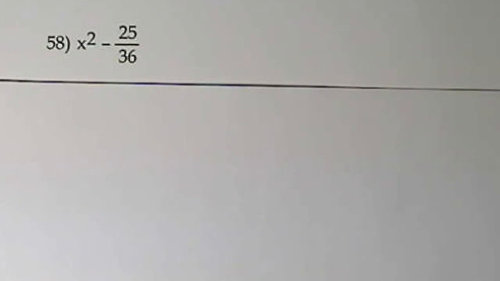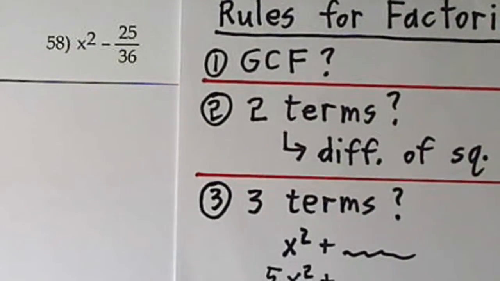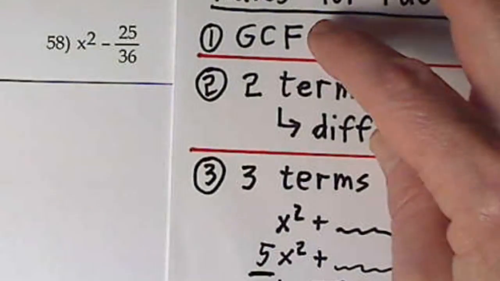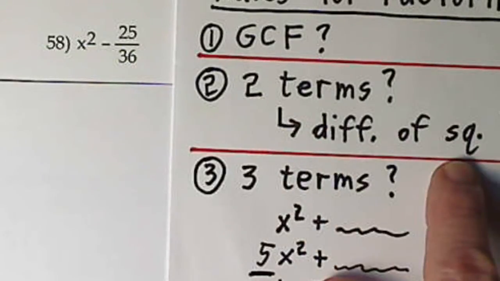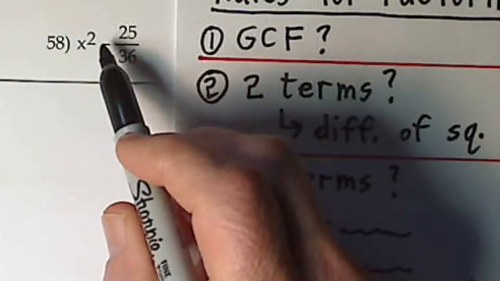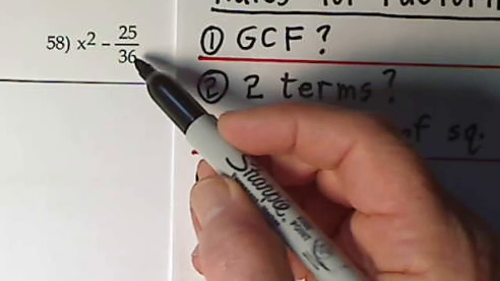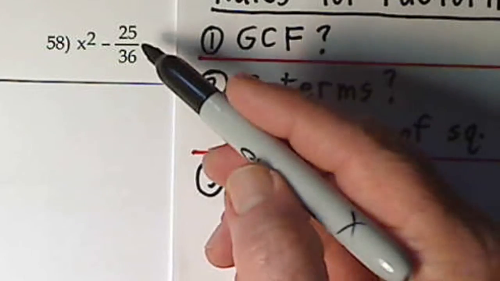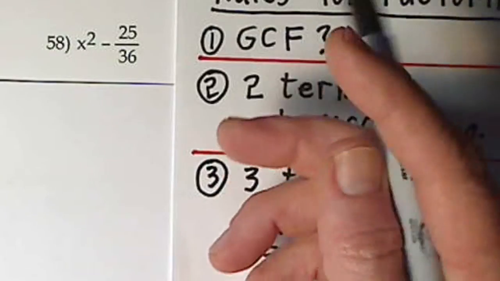I think I'll proceed down the list. If you get in trouble, you want to refer to the list, the rules for factoring. Is there a GCF? No. Do you have two terms? Yes. Is it a difference of squares? You have a difference. X squared is a perfect square, and 25/36 is a perfect square. The square root of 25/36 is 5/6.